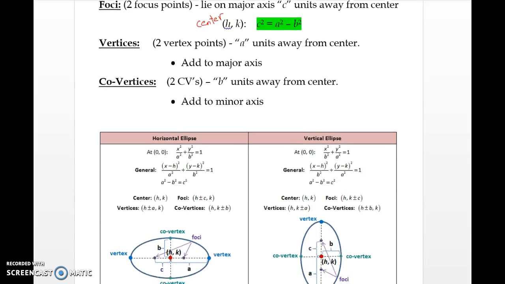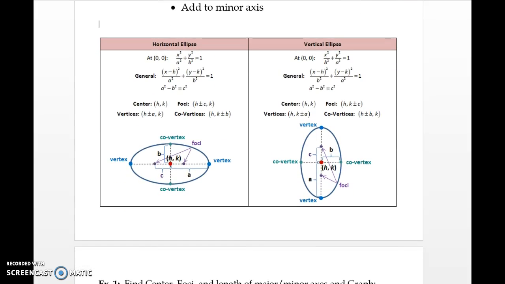So if we look at this picture here, we can see the horizontal on the left, vertical on the right. Your general equation here, what I like to think about is ellipses are pluses, so your c equation is a minus. These are always opposite. Be careful with your c equation for an ellipse. It's close to the Pythagorean theorem, but it is not the same thing. Your center is (h, k).